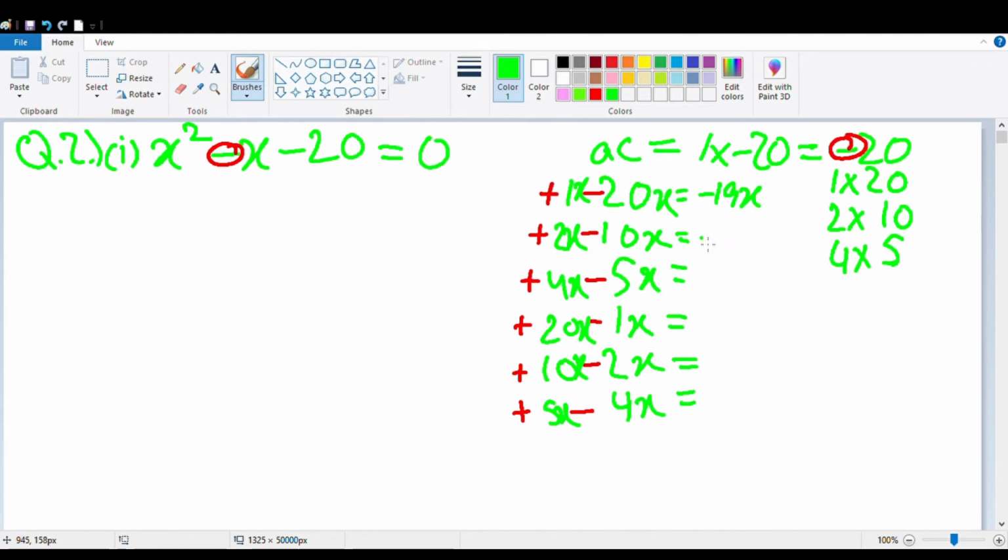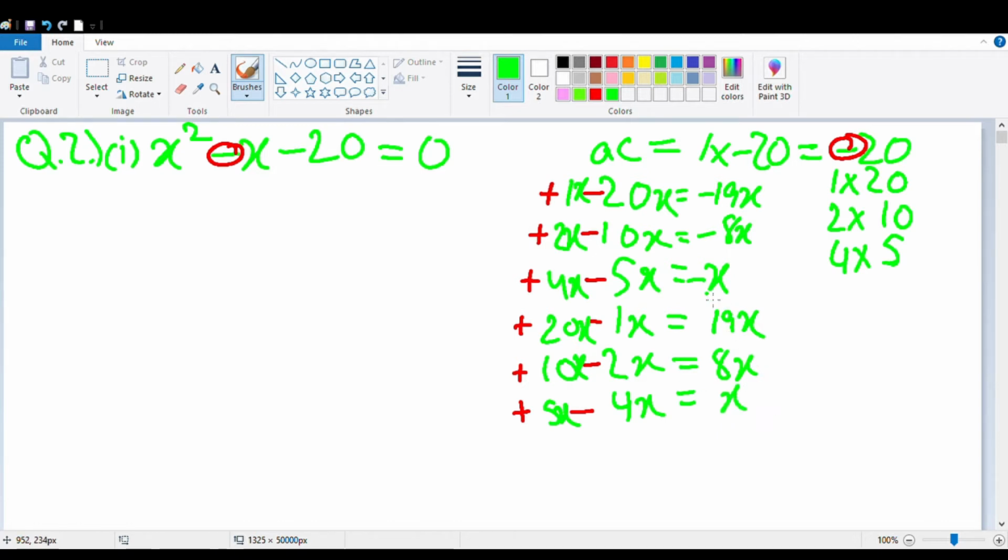The second way, we get negative 8x. The third way, we get negative x. The fourth way, we get positive 19x. And the fifth way, we get positive 8x. And the last way, the sixth way, we get positive x.